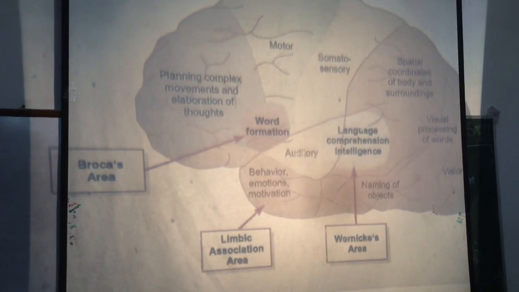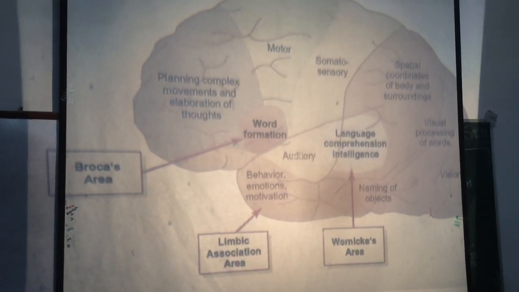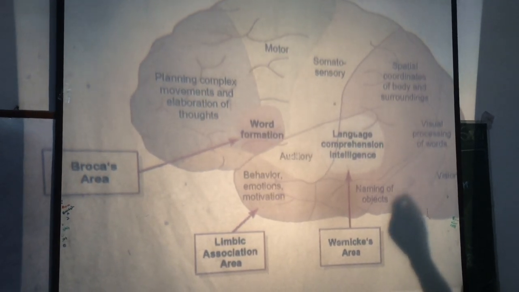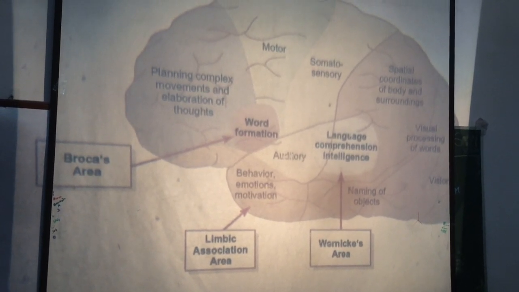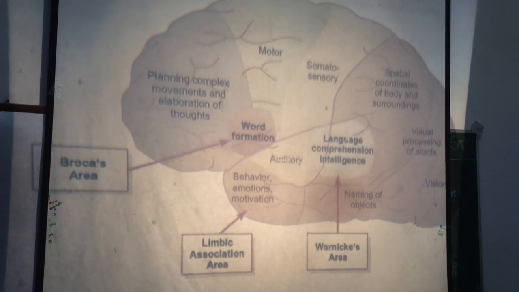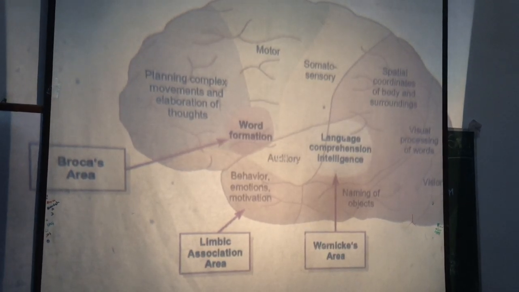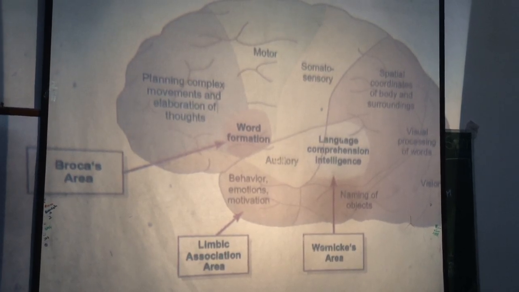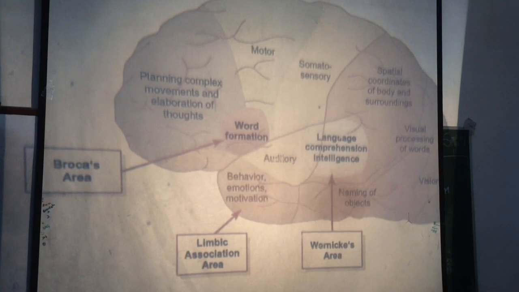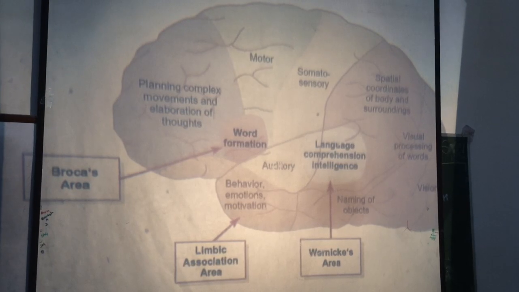Keep in mind, the naming of an object originates mainly through the auditory input, while the details of the object originate mainly through the visual input.